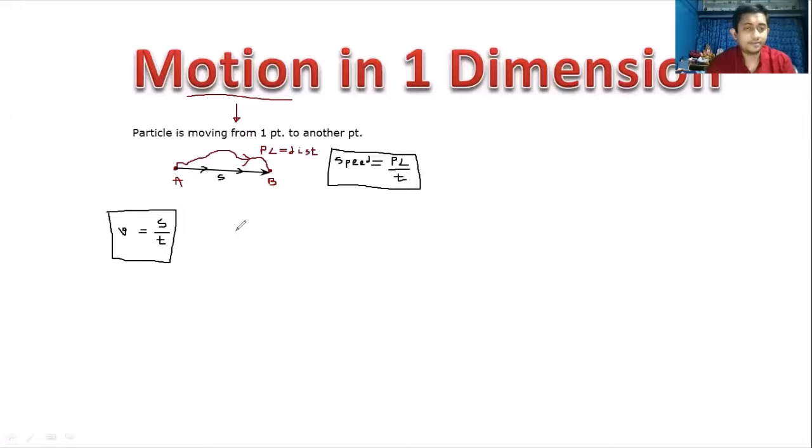Now you should understand that when velocity is differentiated, that is, rate of change of velocity occurs, now students, what we can do is we can understand the graphs which are there in motion in one dimension.